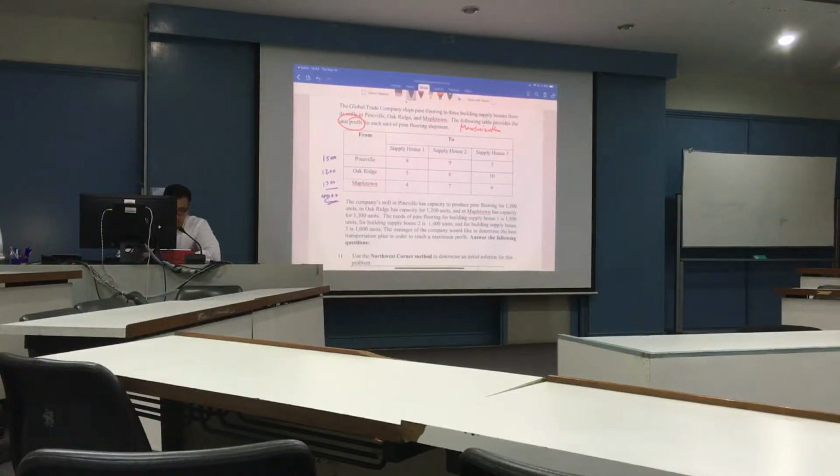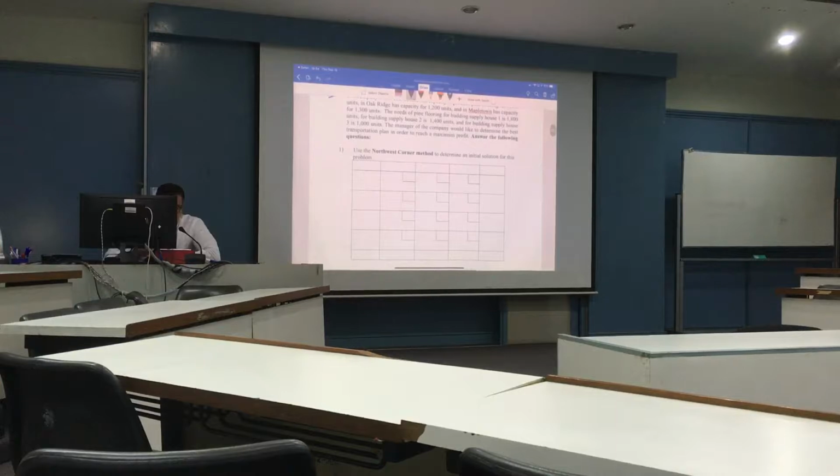But for supply house 1, demand is 1,800, supply house 2 1,400, and supply house 3 1,000. All this together is 4,200. So with demand more than supply, unequal, you need to have the dummy row.